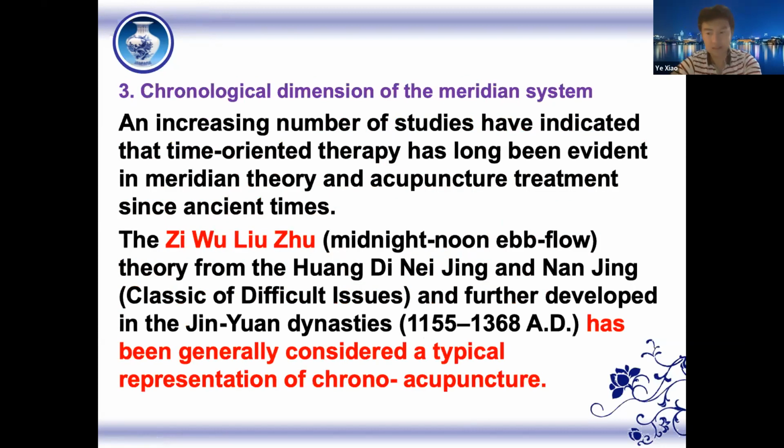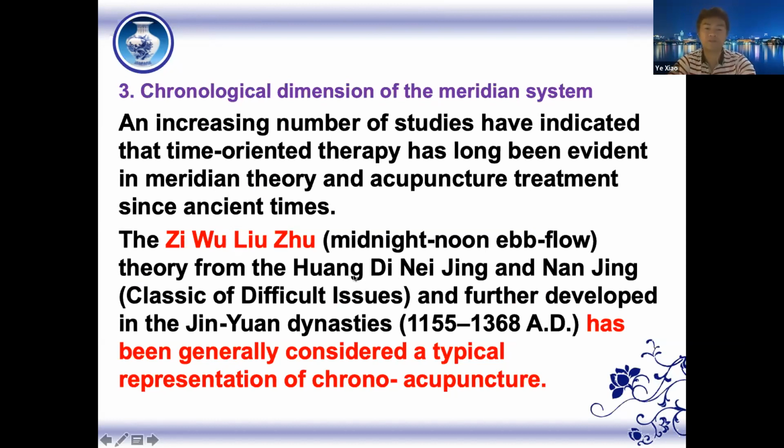The third dimension I would like to mention is the chronological dimension of the meridian system. An increasing number of studies have indicated that time-oriented therapy has long been evident in the meridian system and acupuncture treatment since ancient times. For example, 子午流注, translated as midnight-noon ebb-flow needling.